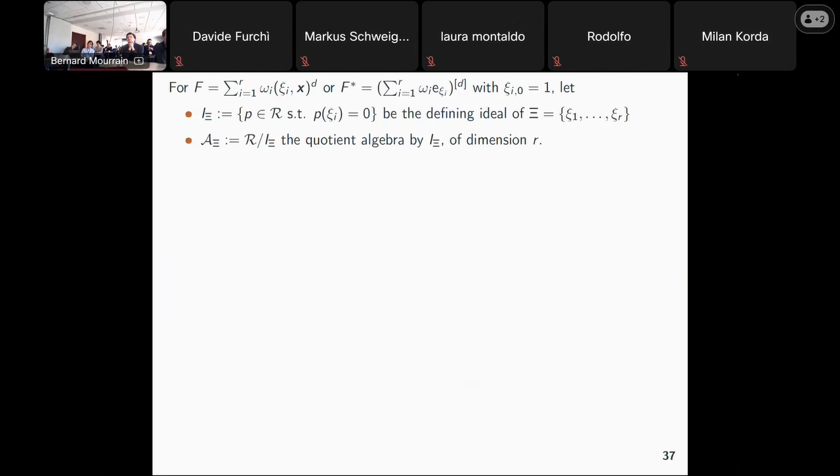So now we are coming back to our tensor decomposition problem. And we assume we have a decomposition of F, our form, as a weighted sum of powers of the Xi scalar x to the d, which means in the dual, F star is the weighted sum of evaluations, say, truncated in degree d.